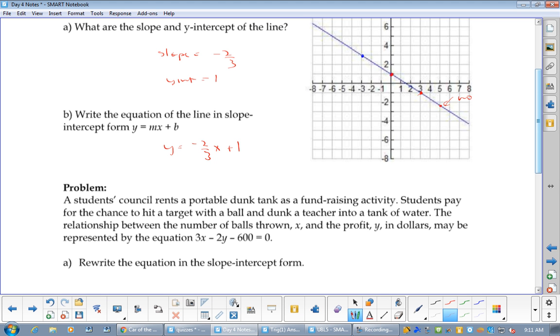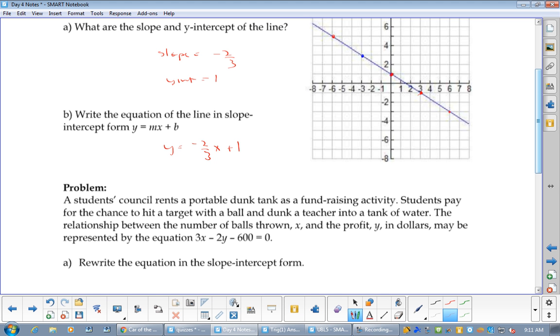Like if it went through halfway, I really couldn't find slope. I could estimate slope, I could get pretty close. But, like, I like this one. That one's not bad. I like this one, right?